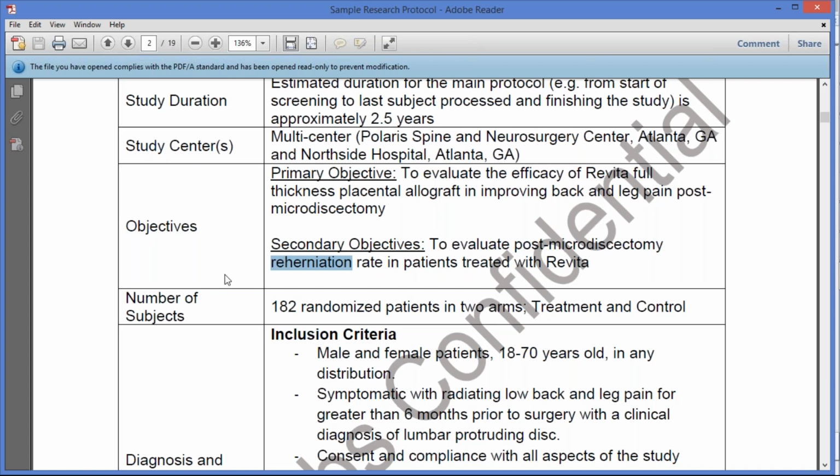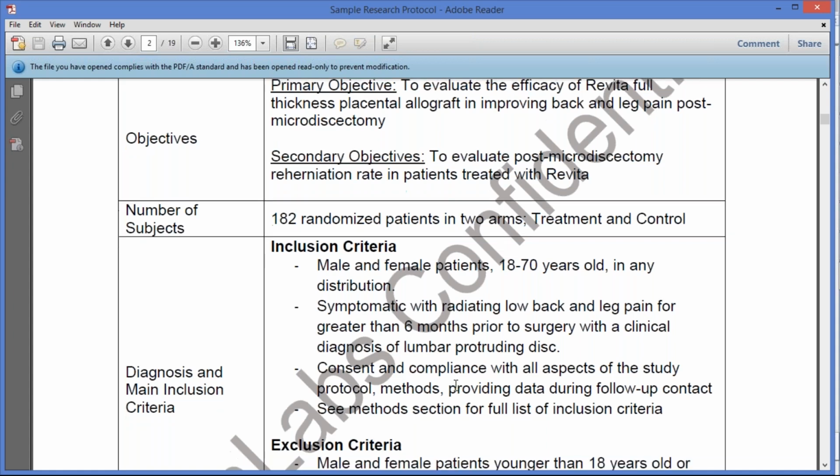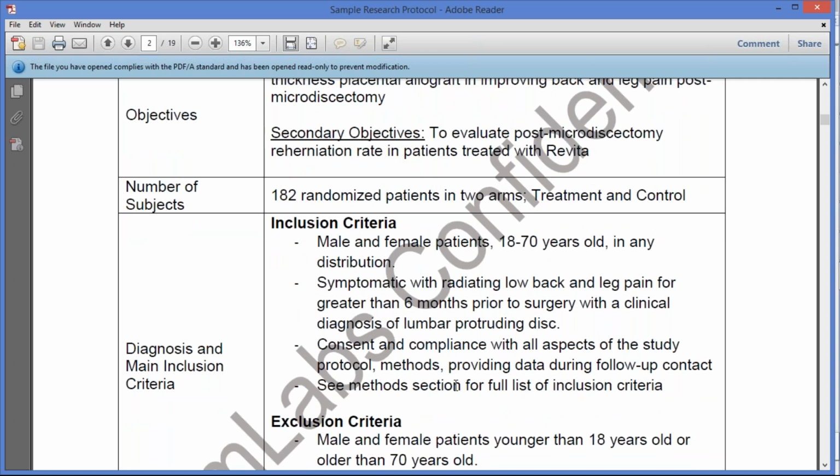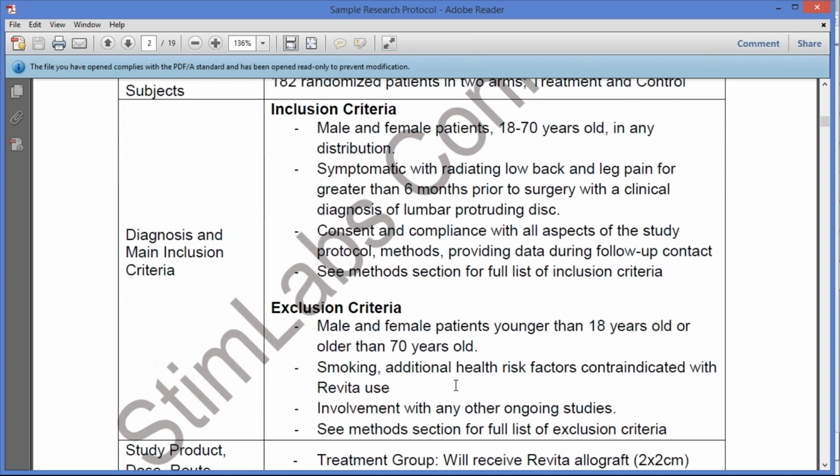Okay, number of subjects: 182 randomized patients in 2 arms, treatment and control. Number of subjects total 182, into 2 groups, treatment group and control group. Okay, now inclusion, exclusion.